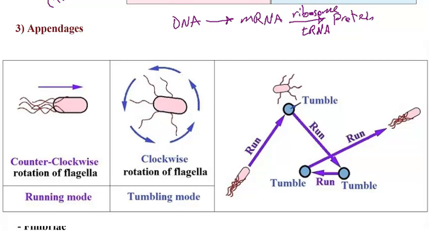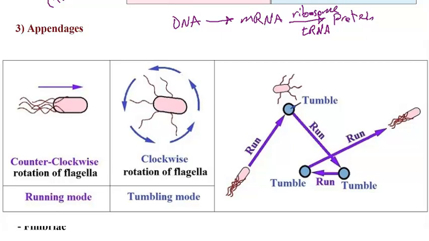That's why it's sometimes referred to as tumbling mode. Now, if a bacterium is being exposed to some chemicals that are perceived as an attractant, like for instance sugar, and bacteria love sugar, then they would increase their counterclockwise motility so that they would move towards that attractant.